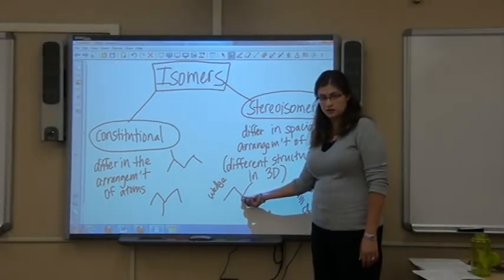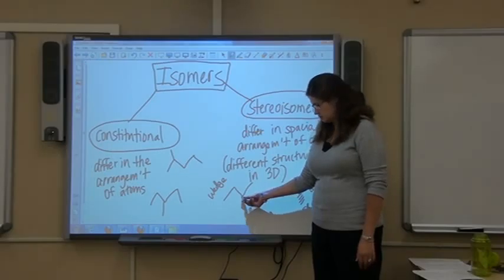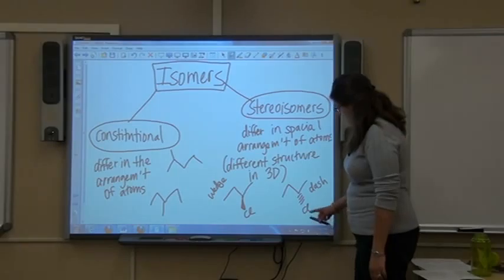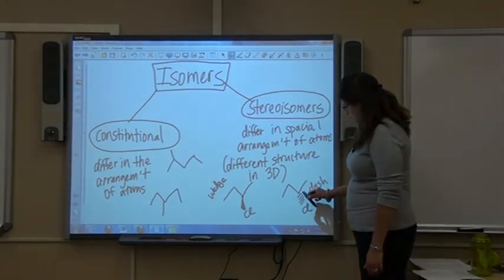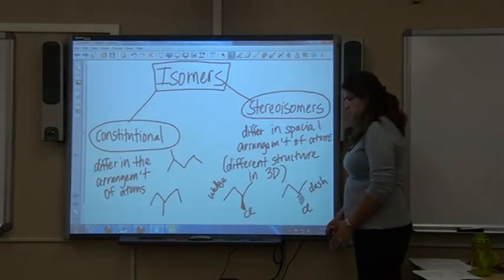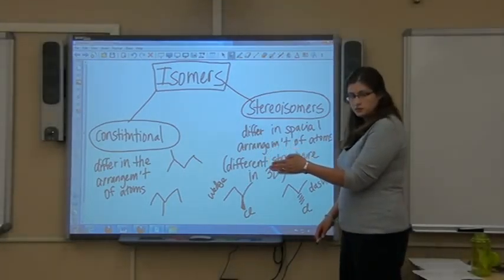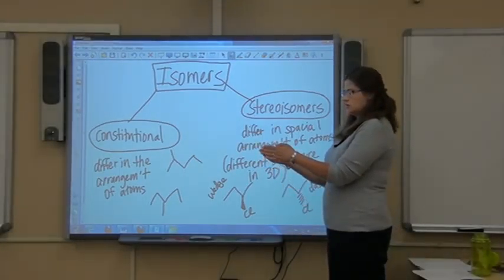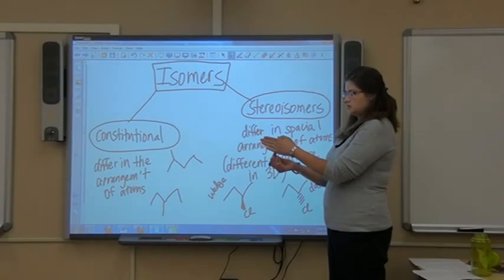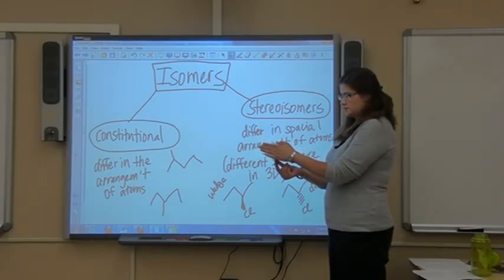So if you were to look at this molecule in space, you would see that the chlorine is coming here out of the board. And here in this case, this chlorine is actually going behind the board. So if my hand was the plane of the board, it would look like this, where the chlorine would be going out in the back. So on the wedge, it's coming forward. On the dash, it's going behind.